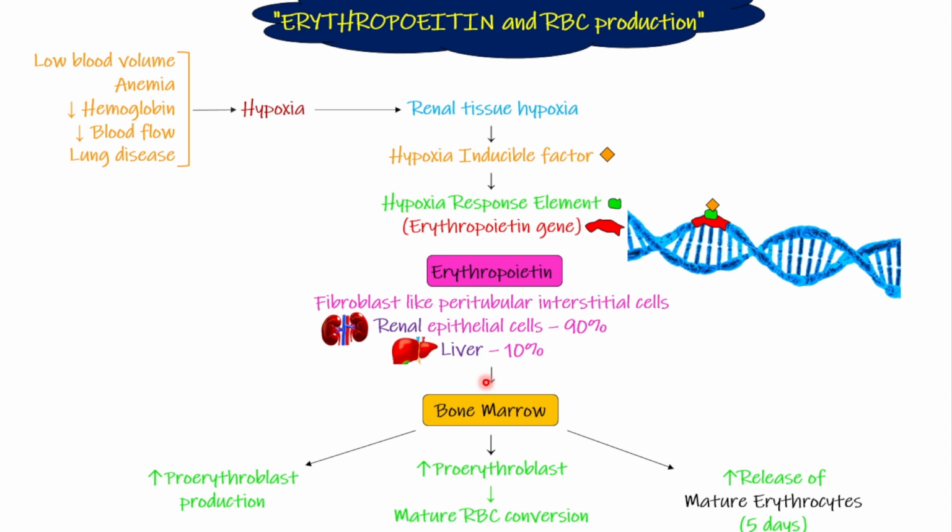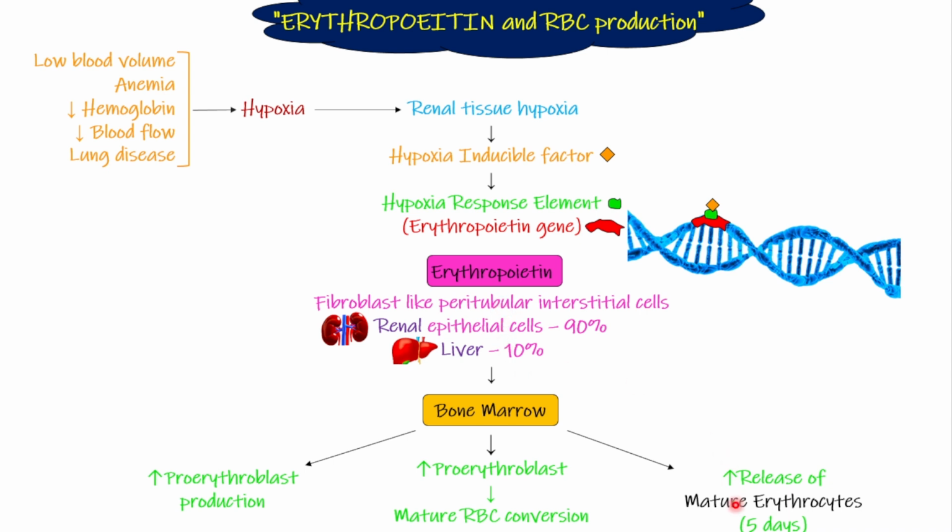Now, there are many steps in erythropoiesis, from the proerythroblasts to finally the erythrocytes in the blood. So in the bone marrow, erythropoietin is going to facilitate all of these steps. So one stimulus is hypoxia, which acts on the kidneys, and then the kidneys will produce hypoxia-inducible factor, and then the erythropoietin gene will result in increased production of erythropoietin, and finally the erythrocytes are produced.